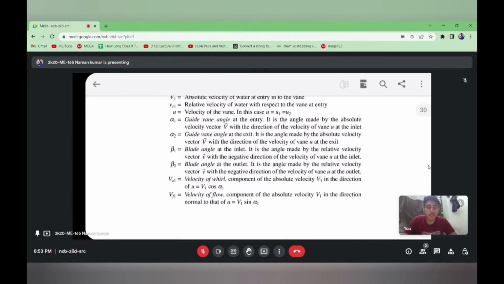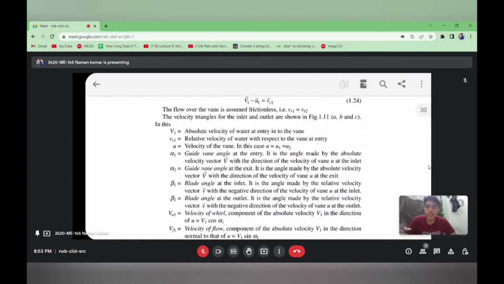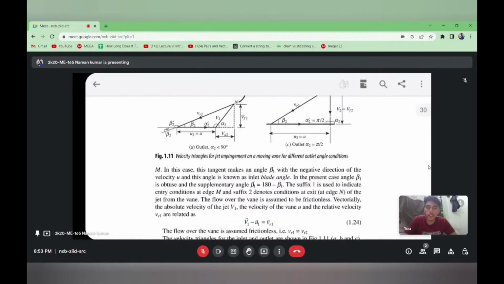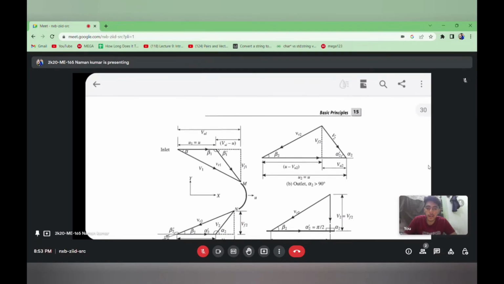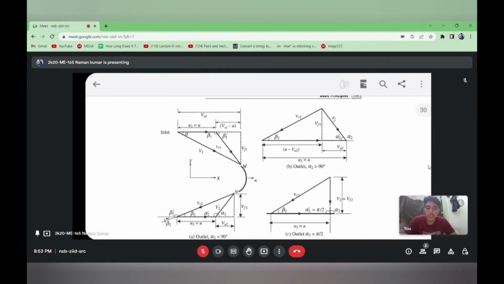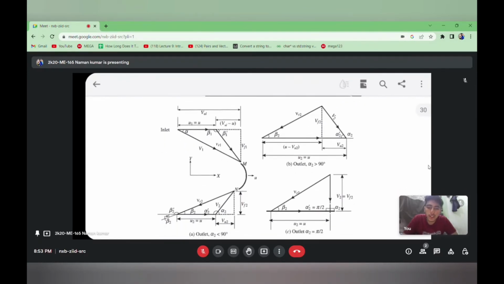that in case of turbine actually gives the velocity of wheel, component of the absolute velocity V1 in the direction of U. It is basically V1 cos alpha, and we can see through trigonometry here. Here we can see the velocity Vf1.